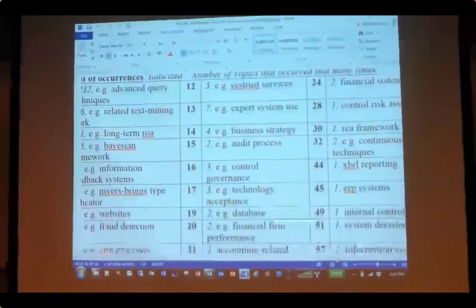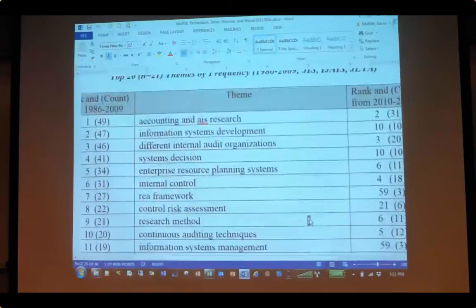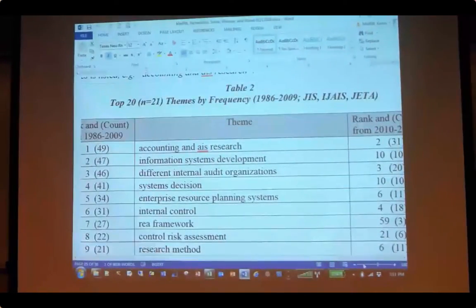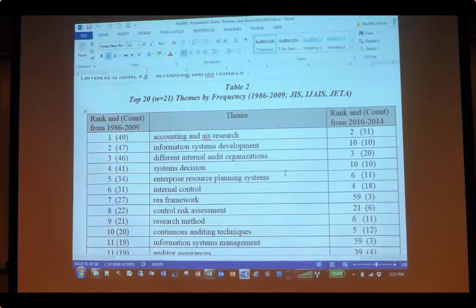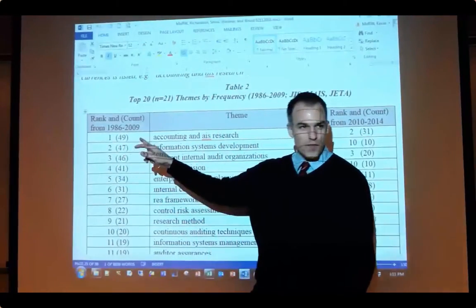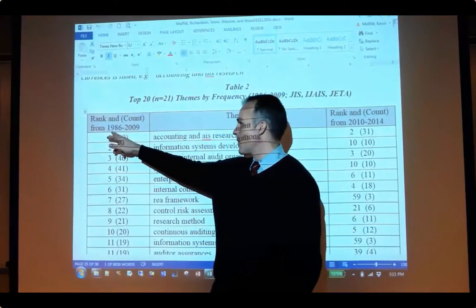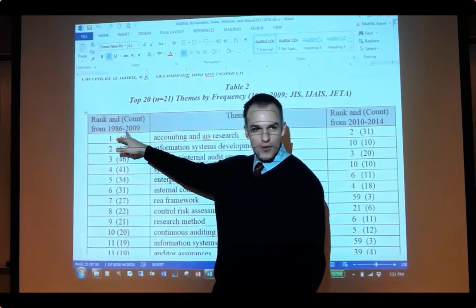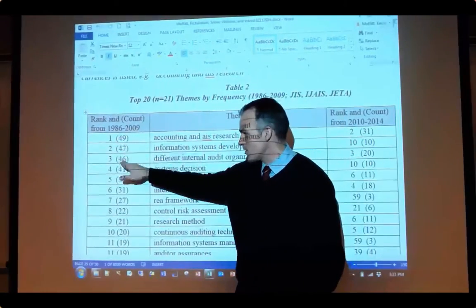So this table right here, this table is interesting. I look at the top themes from the first 24 years. It's only 29 years, so I divided 24 by 5. Here we have 1986 to 2009, the top themes, and how many times they occurred.